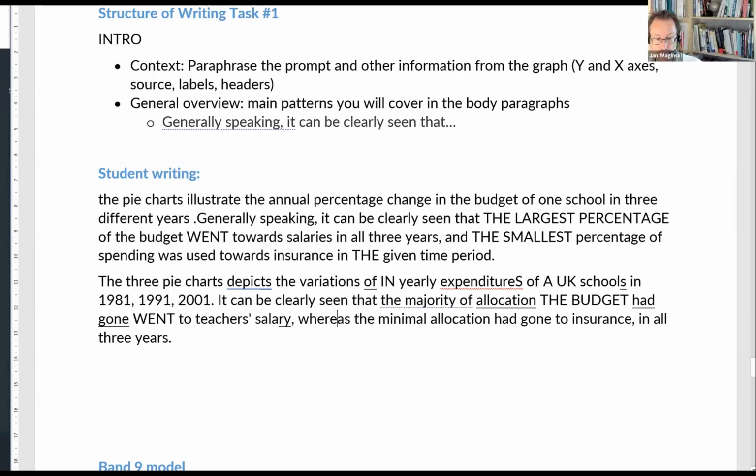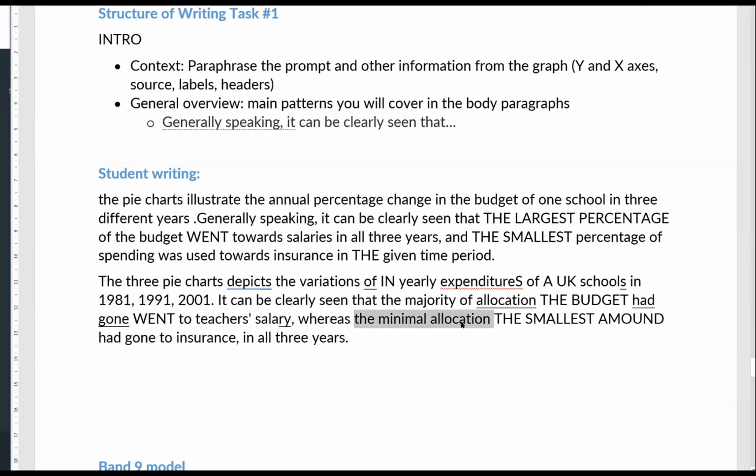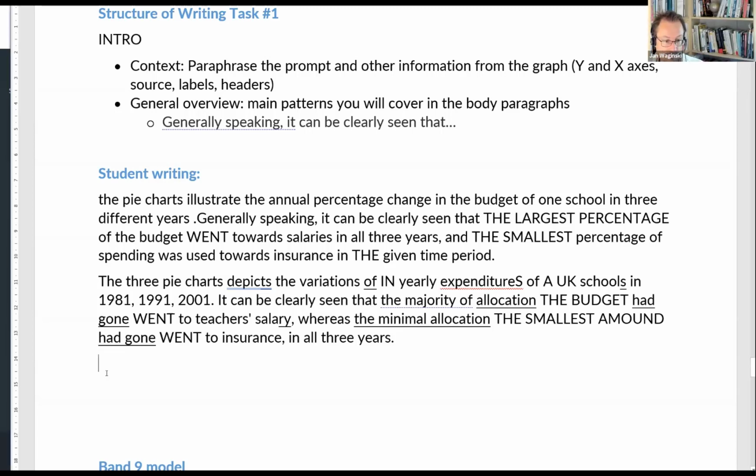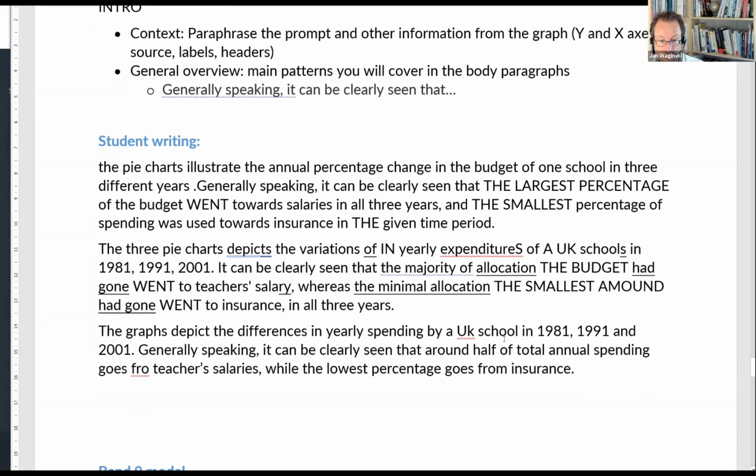Whereas minimal budget. Rent. The smallest amount went to insurance. Yes. Goes for teachers' salaries.